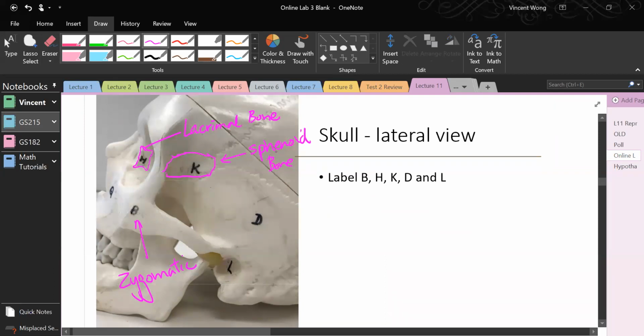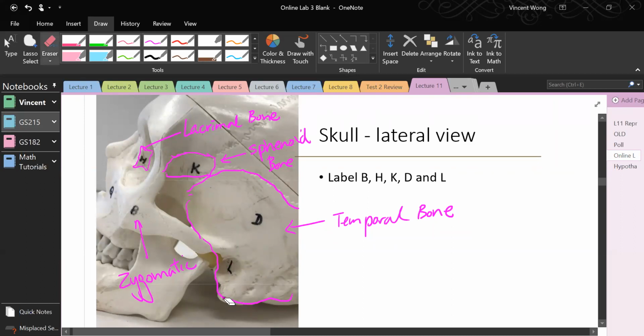It's hard to see without physically having this model in your hand. But that's where the 3D models really would be useful, the one that I use online. You have a link to that as well. D is this bone. This is going to be the temporal bone. If you touch the back of your ear, there is a little knob there.